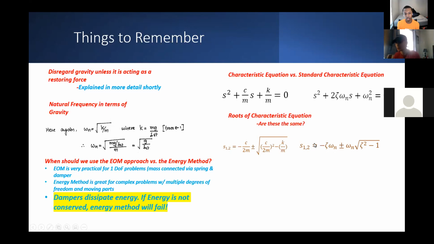My advice: people were asking if we can just memorize the equations for the different damping conditions, if it's underdamped, critically damped, overdamped. I would just go straight to these two equations, because all you have to do is plug a number in. And obviously, if this comes out to be negative, you've got a complex number.